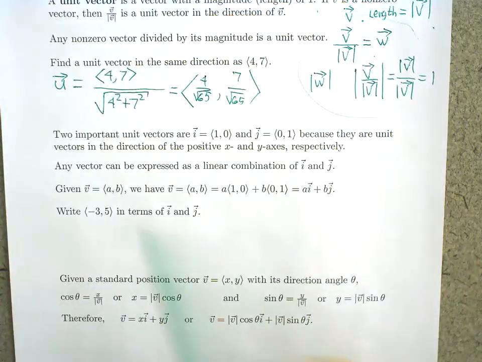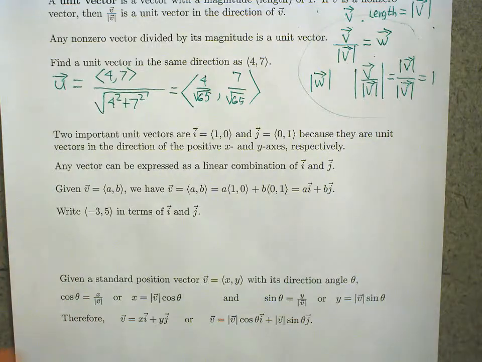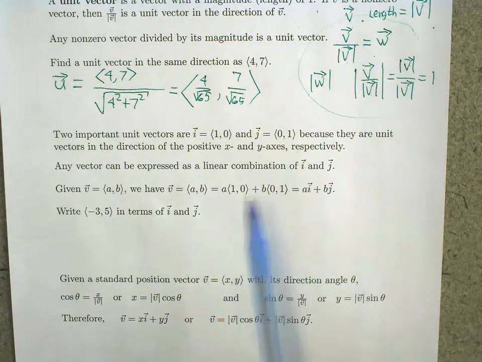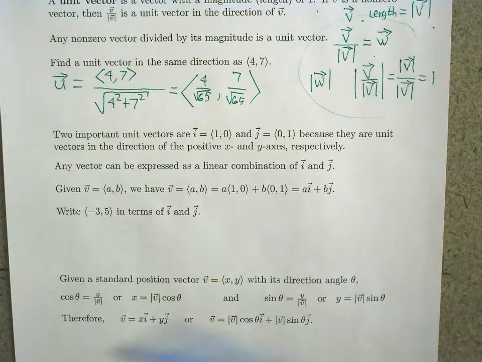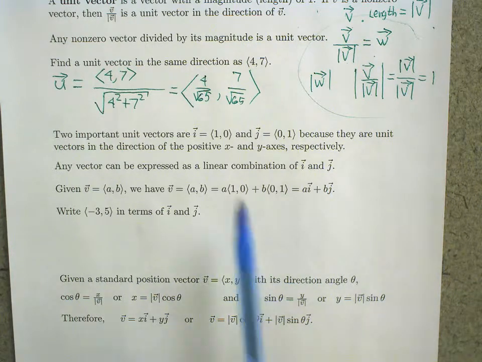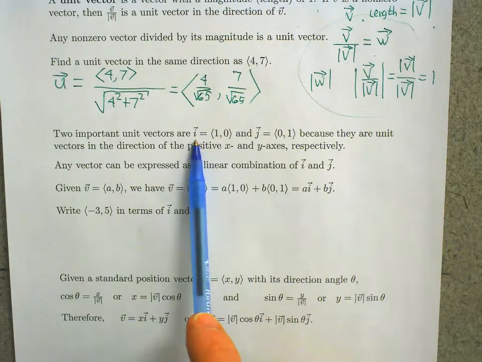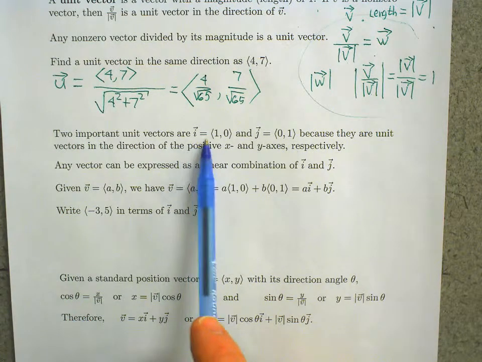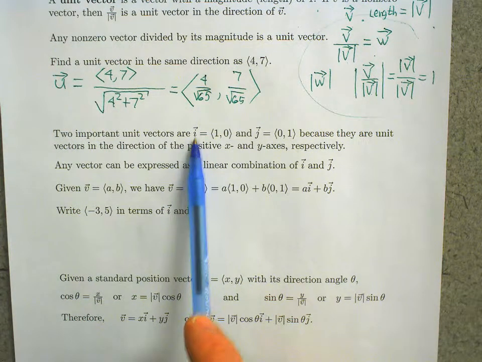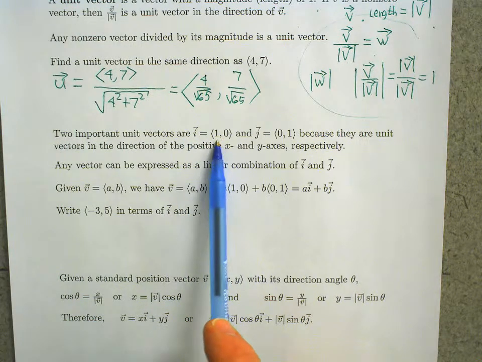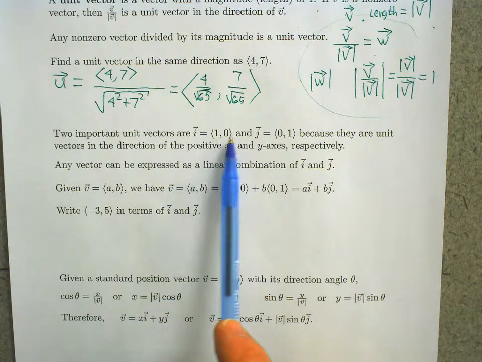Two important vectors are sometimes called the standard basis vectors for a two-dimensional space. So this vector i, it's a special vector, and it's 1, 0.